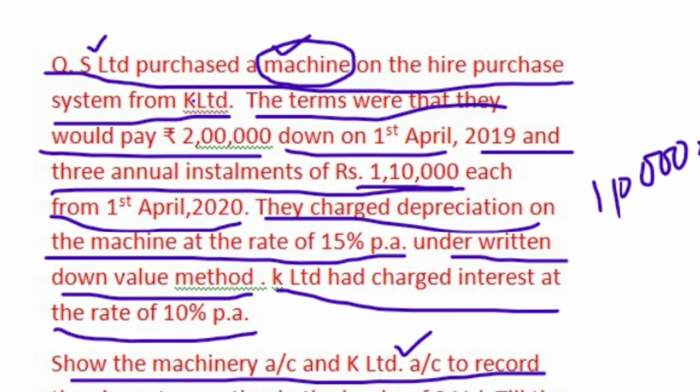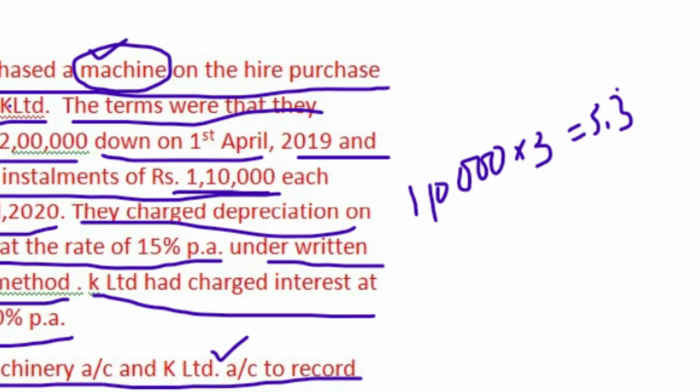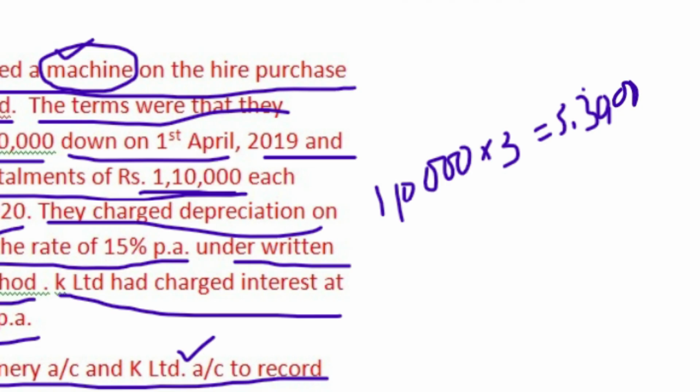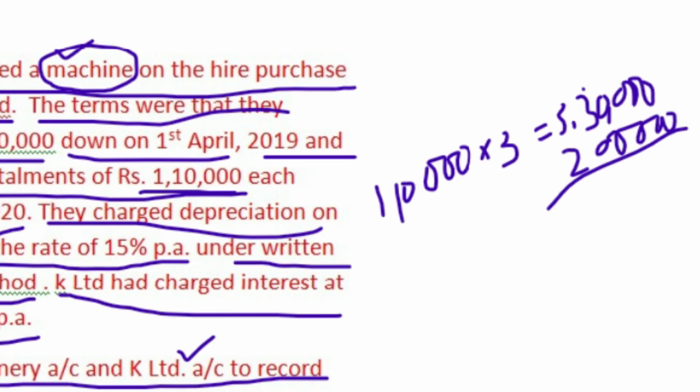This amount is paid 3 times, so the total is 3,30,000. A down payment is also made, which is 2 lakh. So we get 5,30,000.